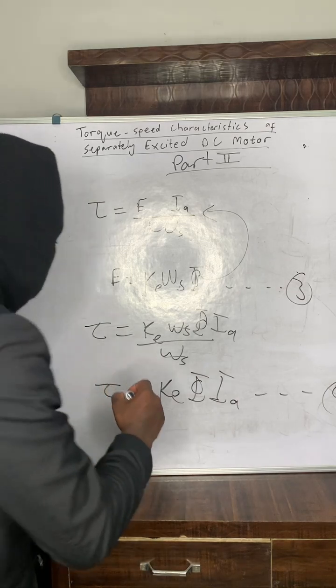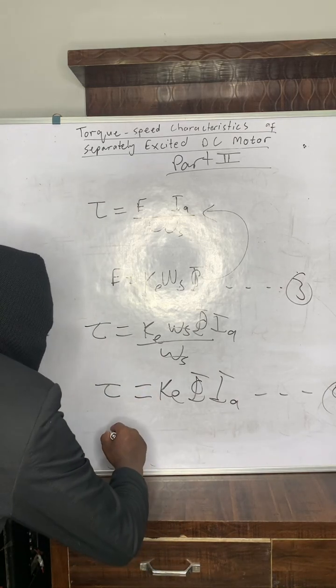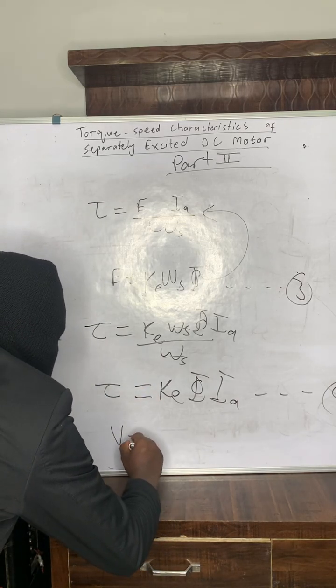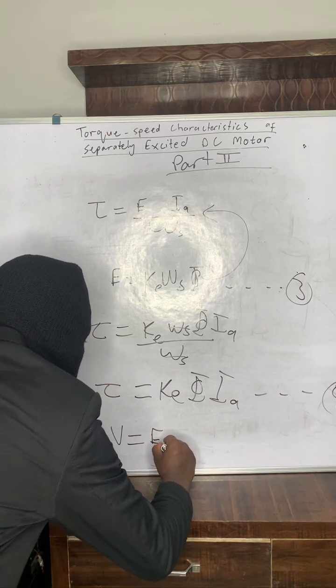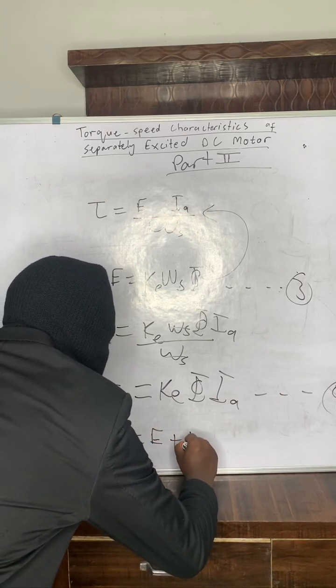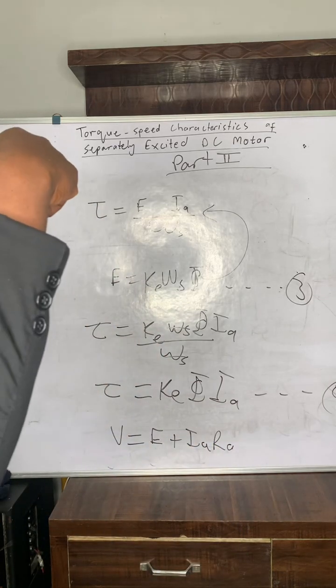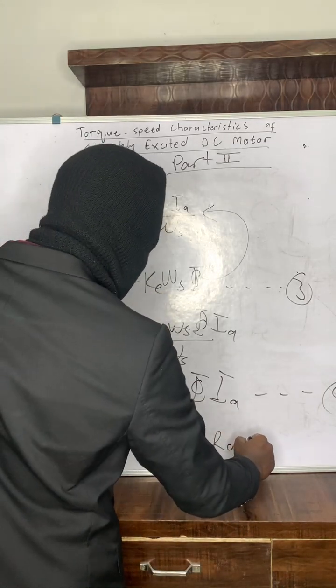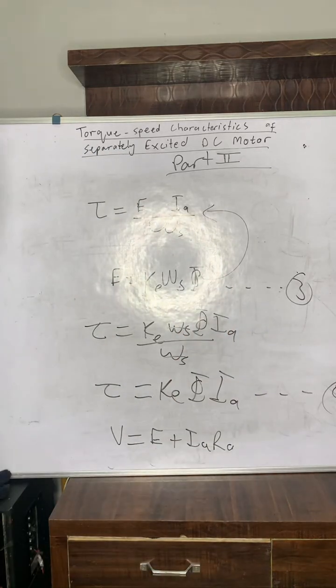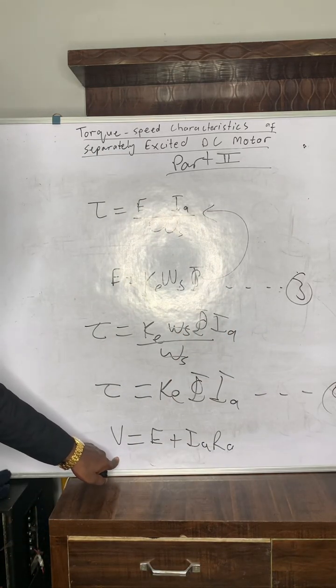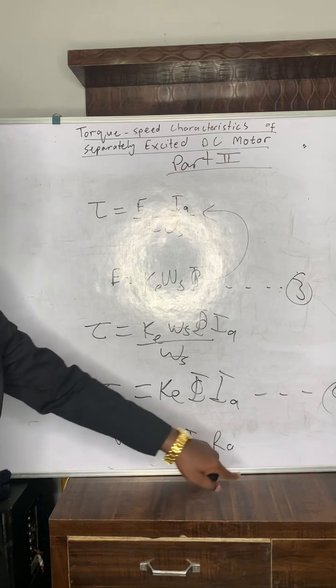But we know that our equation was saying that V is equal to E plus IA RA. I think this was our first equation from the previous lecture.